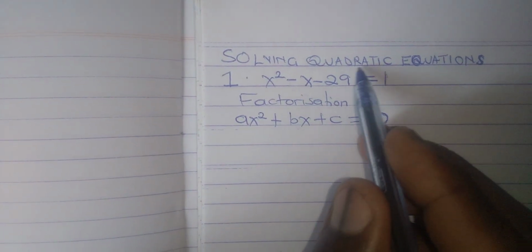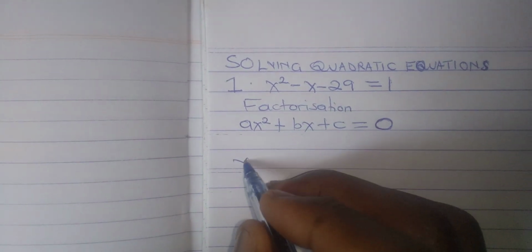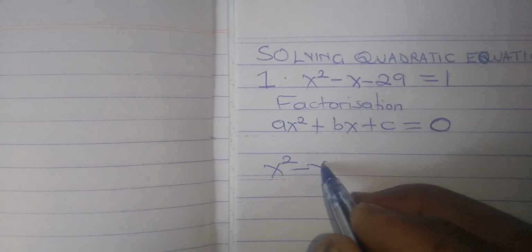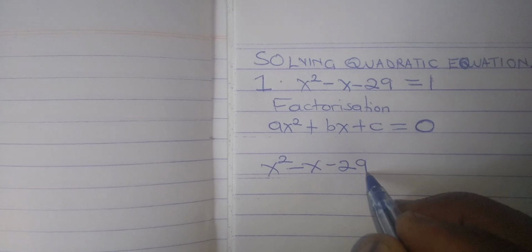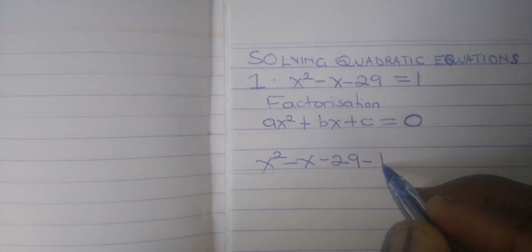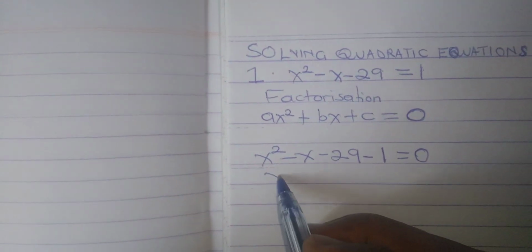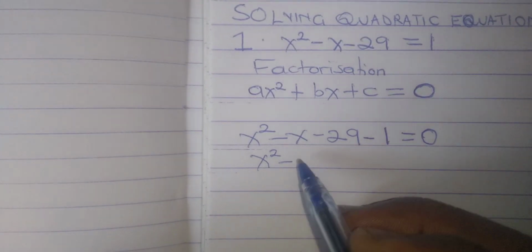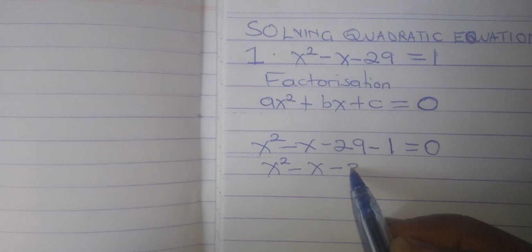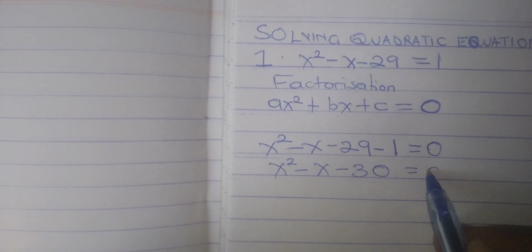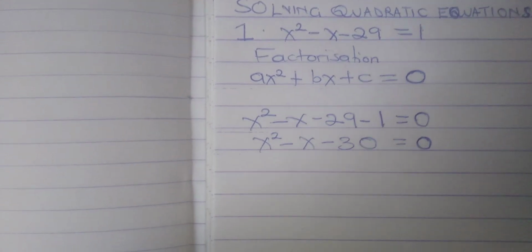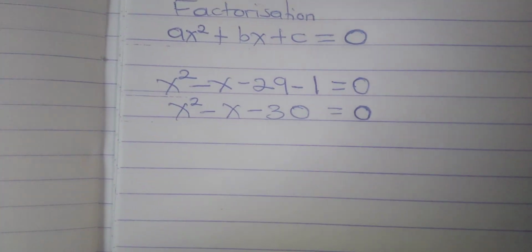I'll bring this 1 to this side: x squared minus x minus 29, then the 1 crosses the equal sign and becomes negative. This equates to 0. So I have x squared minus x minus 30 equals 0. That is my equation.